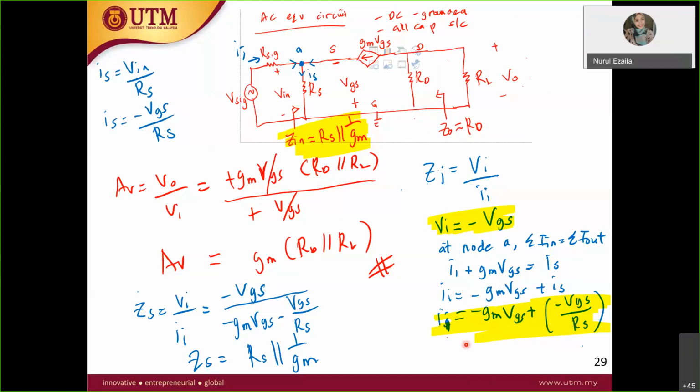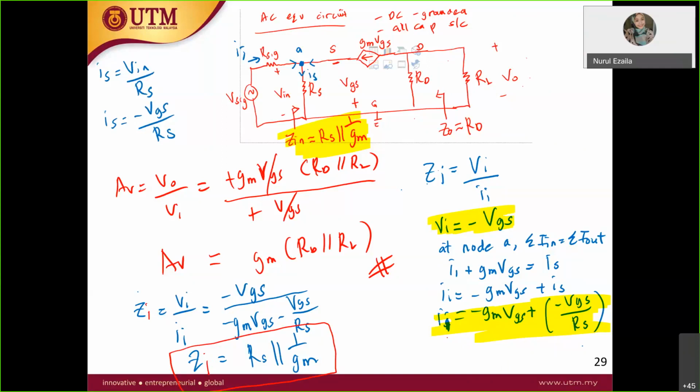And you will get finally, sorry for the mistake here, this is Z in. I in, right? So Z in, finally you will get RS parallel with 1 over GM.